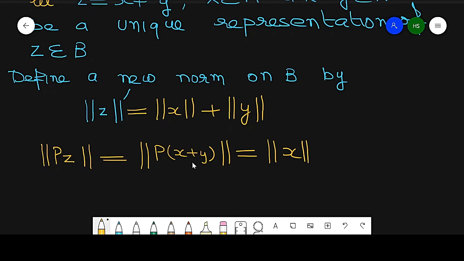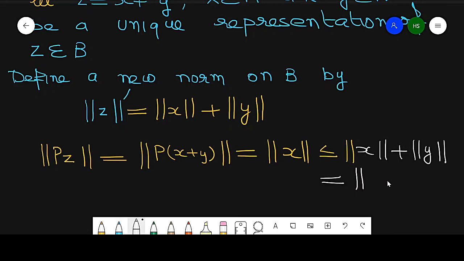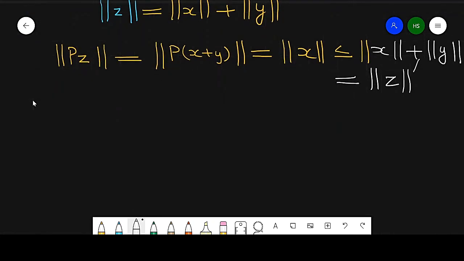Because its value is px plus py, py is 0 and px is x, so this is the norm of x. This is less than or equal to norm of x plus some positive term, the norm of y, which becomes the norm of z, the new norm dash. So what we get is norm of Pz is less than or equal to norm of z dash.